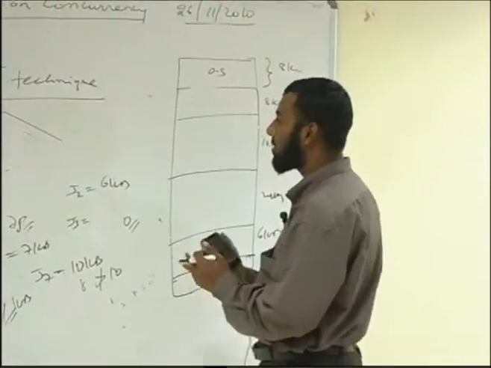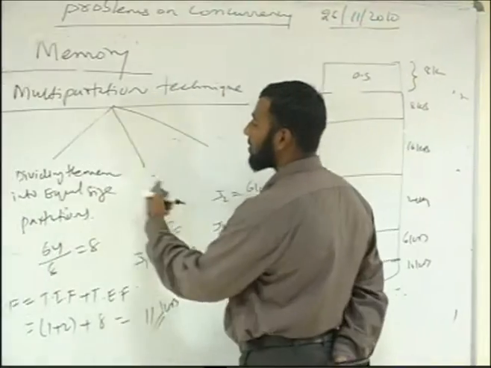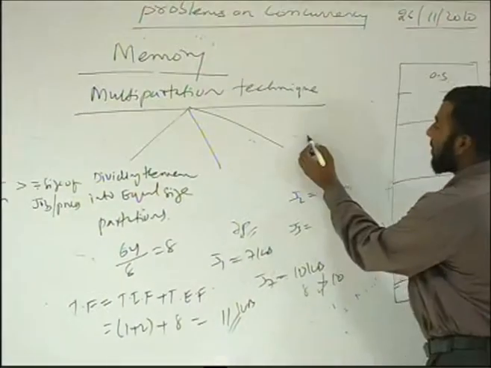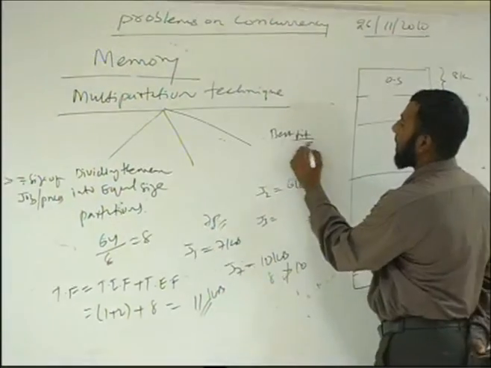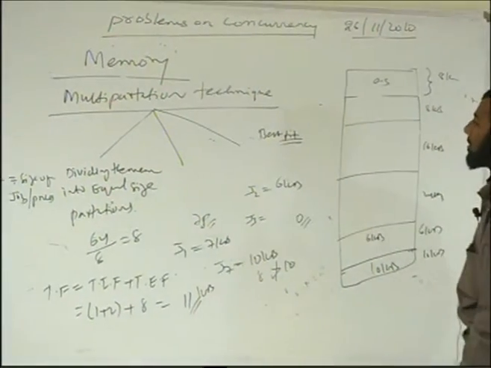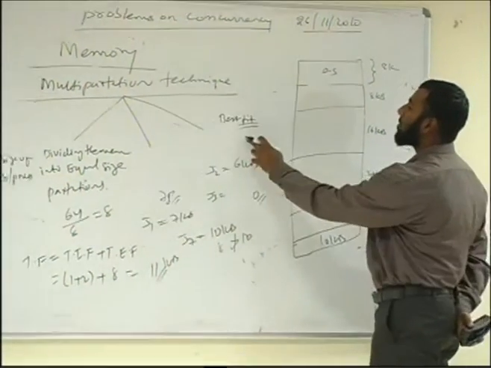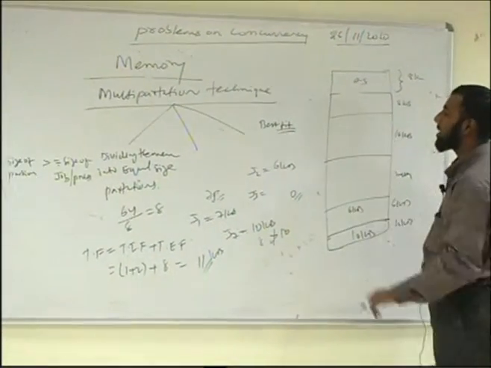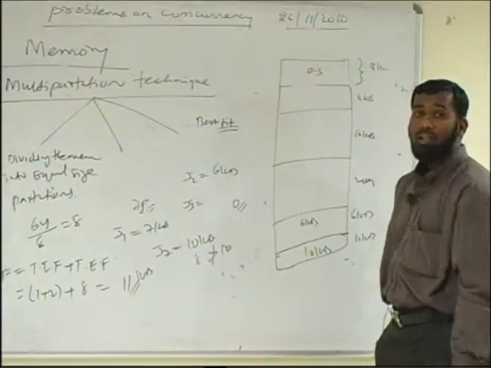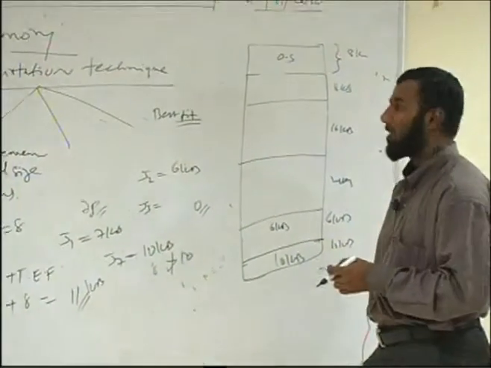These are the different algorithms we will use in this scheme. So what is best fit? Best fit means you have to select, among all the available partitions, the partition that leaves the least internal fragmentation.